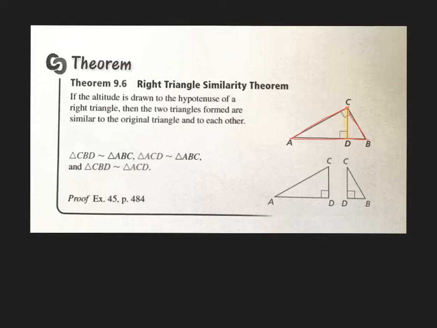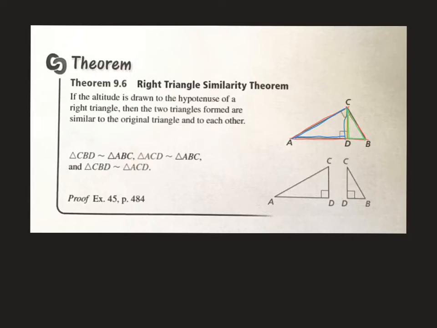So now we have this triangle here in blue, triangle ACD, and then we also have this triangle here in green, triangle CBD.